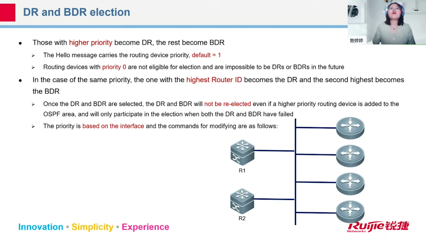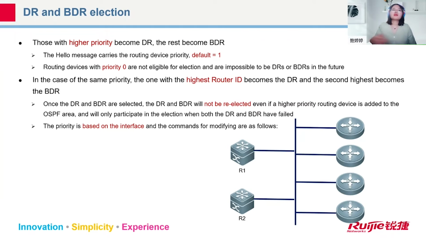And the range is from 0 to 255. I remember the default value is 1. If we use the command to make the priority 0, that means this router will never become DR or BDR. This will become a normal router. The normal router we call DR others.